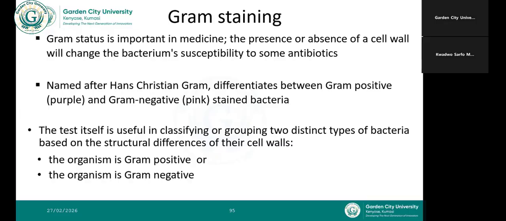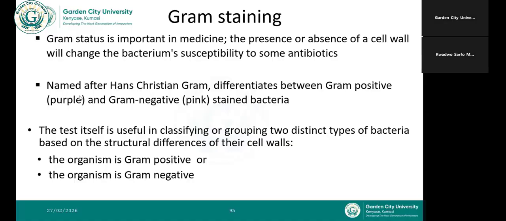Gram-positive, gram-negative, it has nothing to do with the charge. They are both negatively charged bacteria on the outer part, but the gram-positive bacteria have very thick peptidoglycan layers. Gram-negatives have very thin peptidoglycan layers.